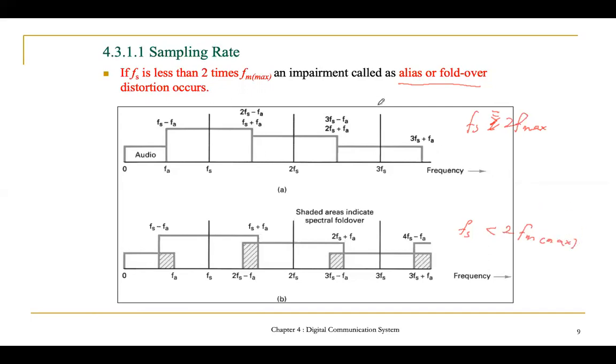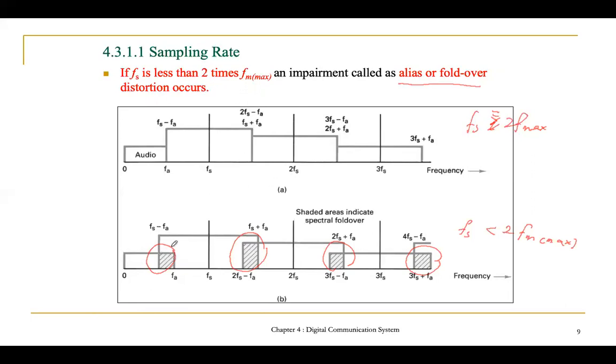You can see that there is this shaded area. We have a foldover here, the signal overlaps. That's why we call it foldover distortion.